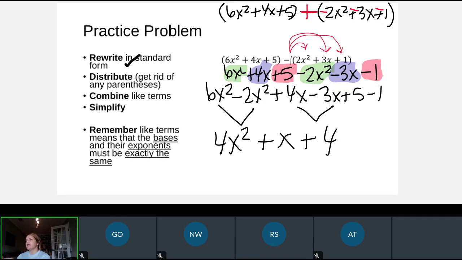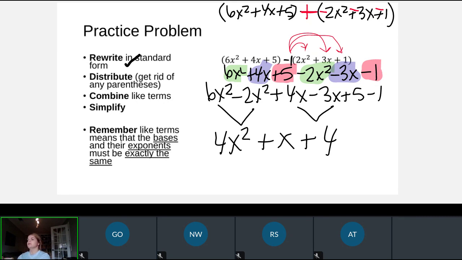So this negative 1 on the outside here only gets distributed to this second set of parentheses. We don't have a -1 on the outside of this parentheses, so we don't multiply the first set by -1 because we don't have any indication that we need to.